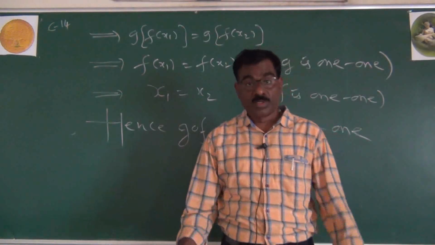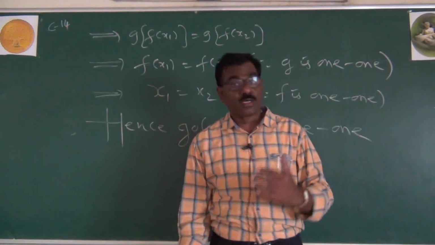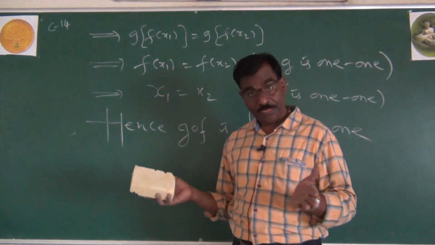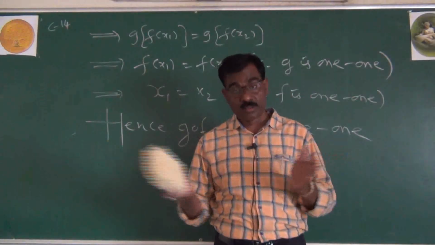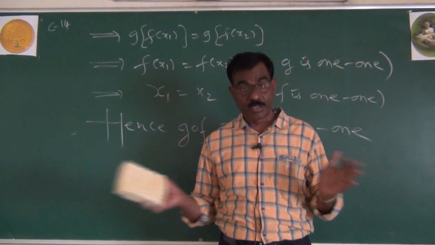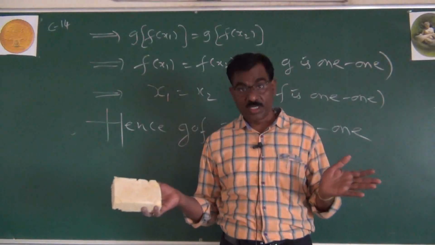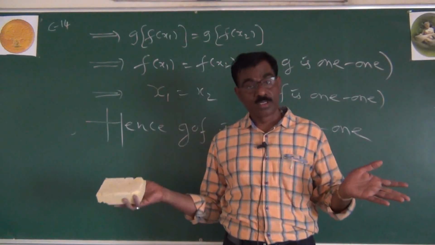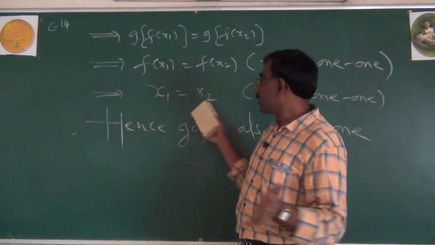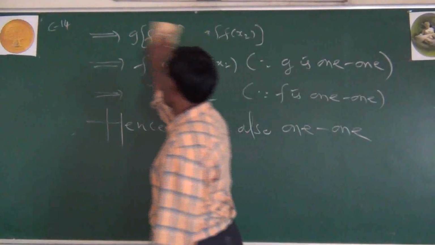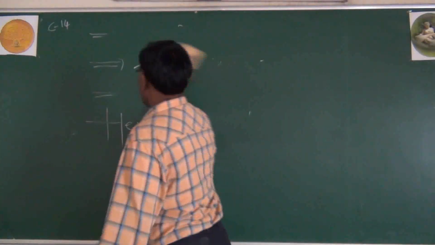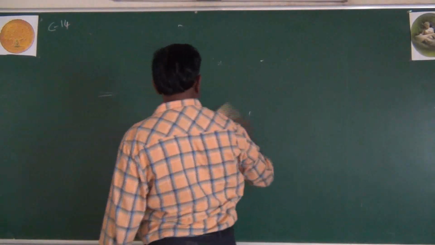How to prove it? Consider g composition f of x1 equal to g composition f of x2, use the composition property, remove g since g is 1-1, then remove f since f is 1-1. Finally x1 equal to x2, and when x1 equals x2 that is a 1-1 function. So g composition f is 1-1.